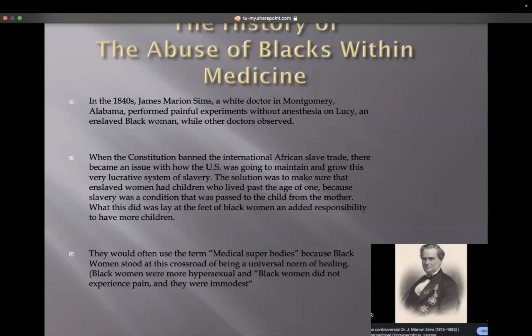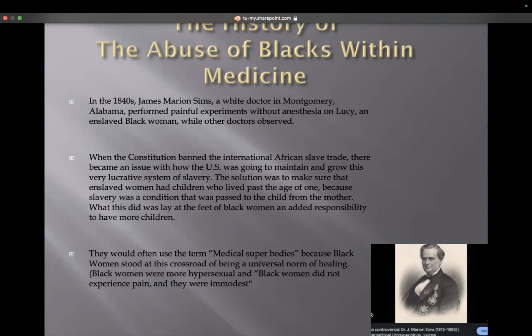Modern day gynecology advanced very quickly in the South. The doctors, including some that were also slave owners, had access to Black bodies, mainly Black women, and they would experiment on, examine, and cure or fix diseases and disorders. They would often use the term I mentioned before, medical superbodies, because Black women stood at this crossroad of being a universal norm of healing.